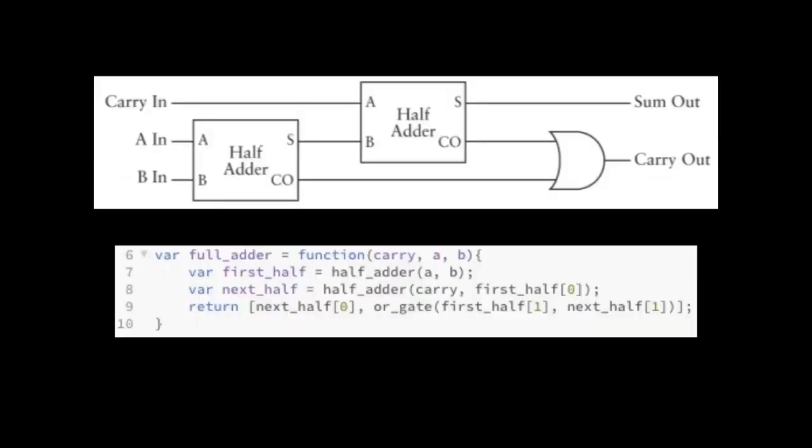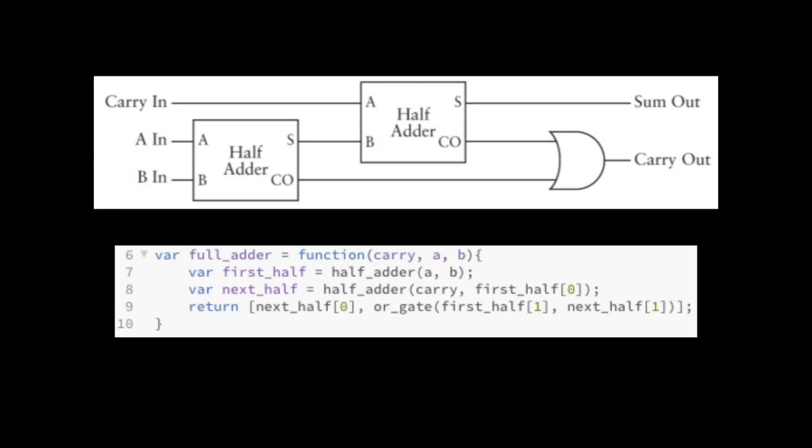In code, I used two intermediate variables to hold the arrays yielded by the two half adders. This function definition simply follows the logic of the diagram. The two inputs go into the first half adder. The resulting array containing the sum and carry are stored in first half. The previous carry is then passed into the second half adder along with the sum stored in the first index of the array from the half adder.